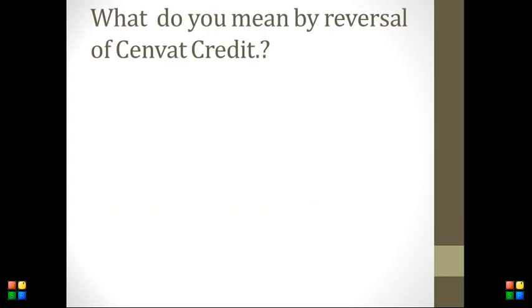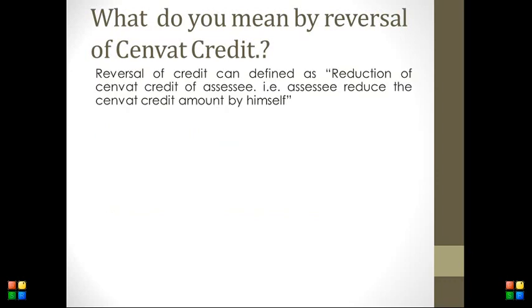So what do we mean by reversal of Cenvat credit? Reversal of Cenvat credit can be defined as reduction of Cenvat credit of the assessee. That is, the assessee reduces the Cenvat credit amount by himself. That means if we are purchasing goods or services and our Cenvat credit is 1 lakh rupees, and due to some circumstances which we are learning in this session, we need to reverse that Cenvat credit by 50,000.